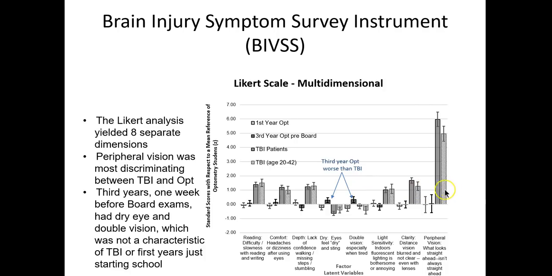So we developed a little worksheet. We scored everybody taking the BIVs, and you can see profiles of different patients based on where they are on these 8 different dimensions.